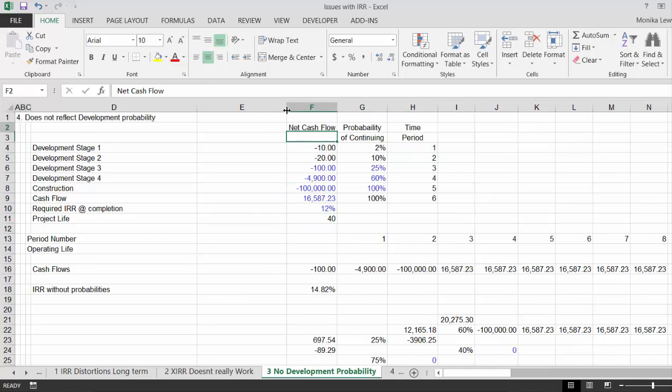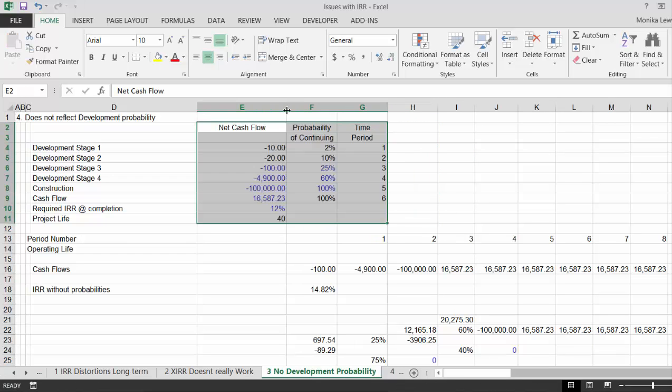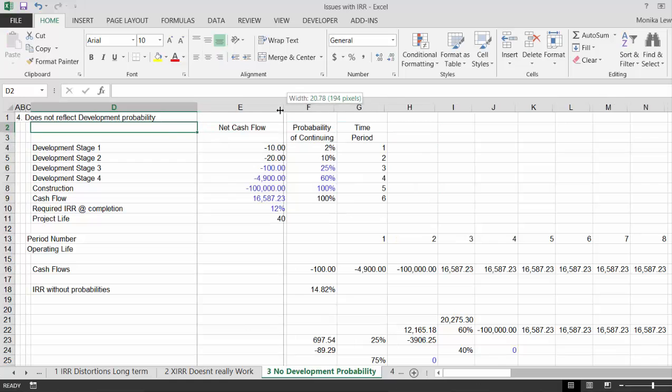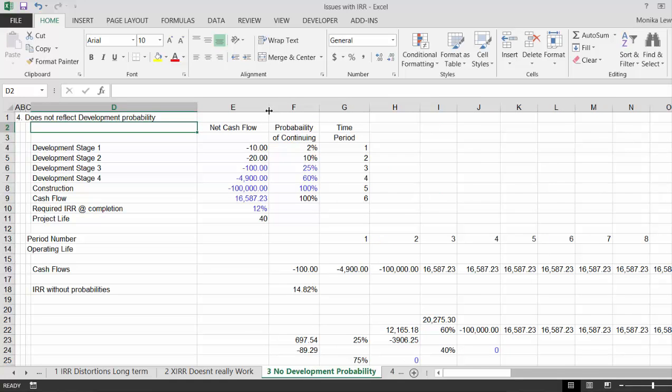Okay. Now, I haven't really gone through the idea of this yet. Been very bad with my etiquette on the videos. Here is the deal. What kind of IRR do we need at different stages of the project? Can we compute the IRR?